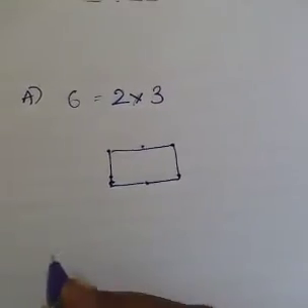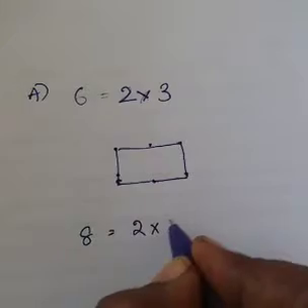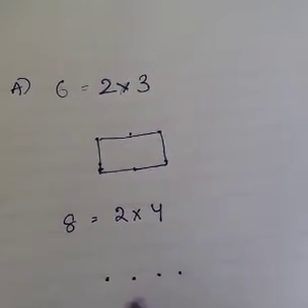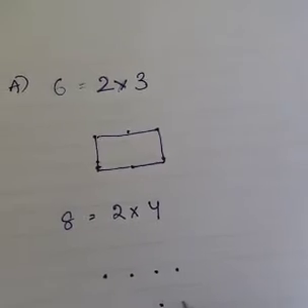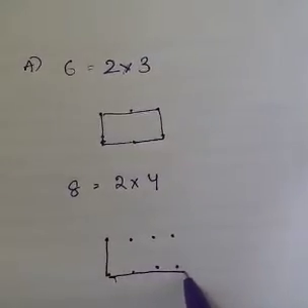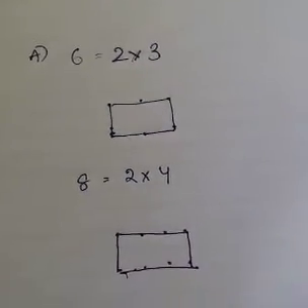For suppose 8. 2 into 4. 1, 2, 3, 4. 1, 2, 3, 4. How many dots are there? 8. So 2 into 4 dots can be shown as a rectangle. Okay?